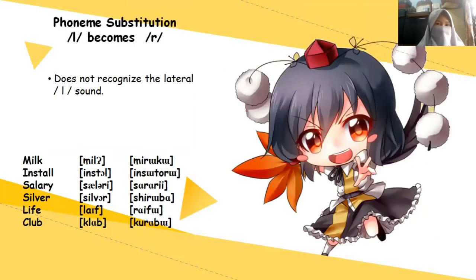Next, phoneme substitution. L becomes R because the Japanese phonological system doesn't recognize the lateral L sound. For example, in English, we say milk, install, salary. But in Japanese, we say milk, install, salary with R, and so on.